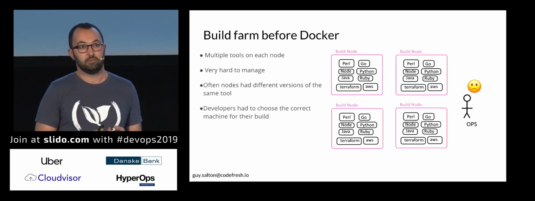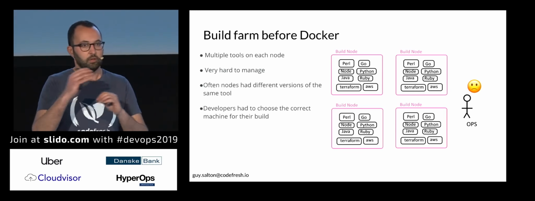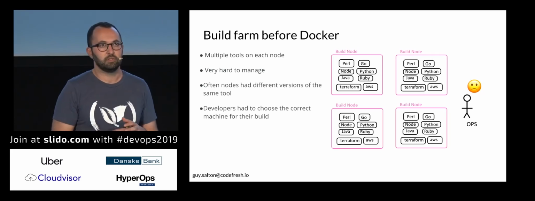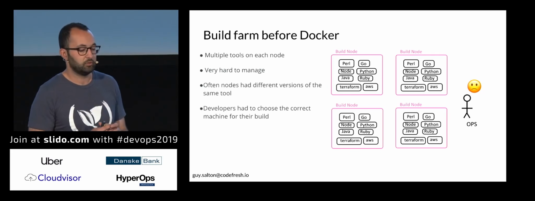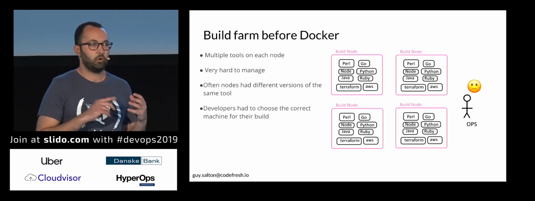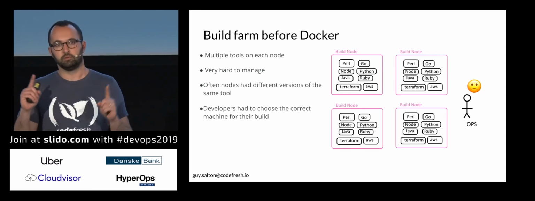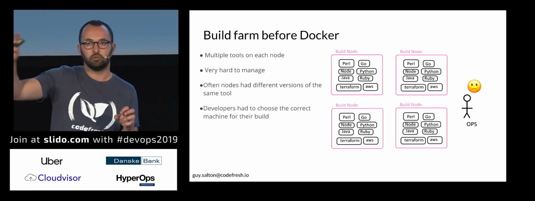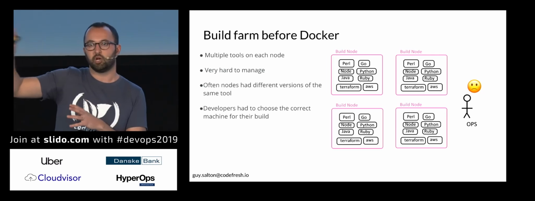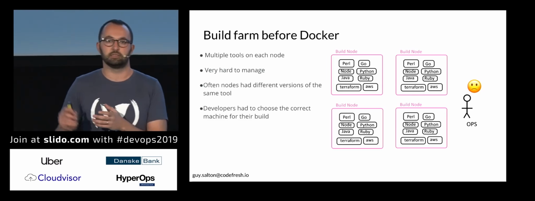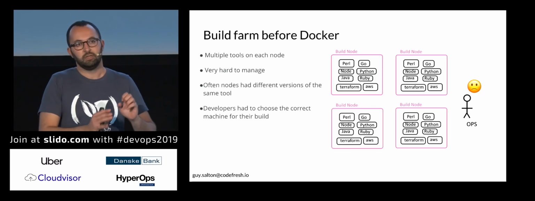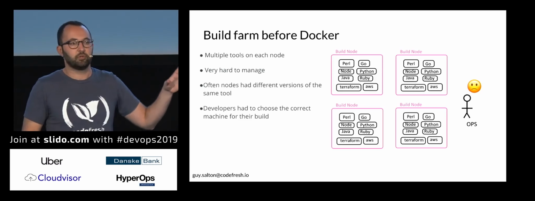But sometimes, especially when you start using multiple tools, this can get quite difficult to maintain. And then what operators would do is they label different build nodes. So for example, this build node has Java 9 installed on, and it has Python 3.7. And then there's another node that has different versions.